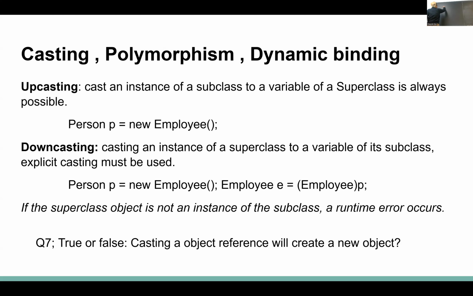In the memory model, there are two parts in the Java memory model. You have the stack, and also you have the heap. For the heap, all of your objects will be stored in the heap, and all of your reference types will be stored in the stack.